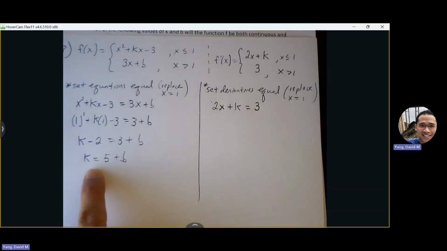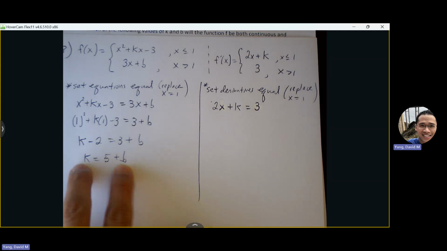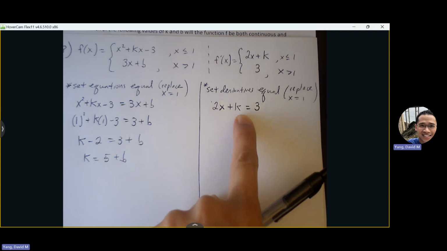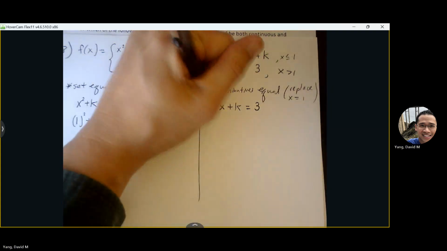So this piece is still unresolved. We can't solve for k or b with 2 unknown constants. But I should be able to solve for k here, once I replace x with 1.